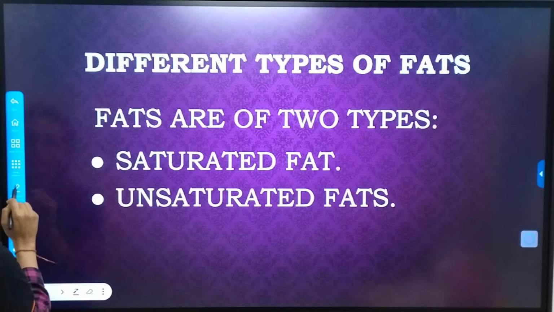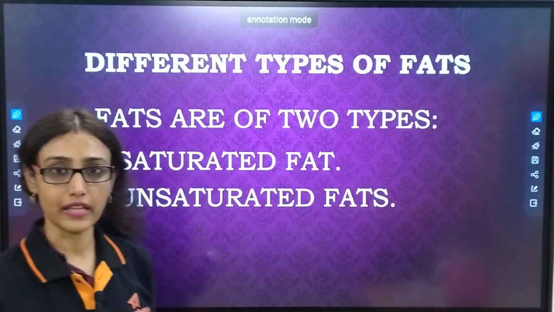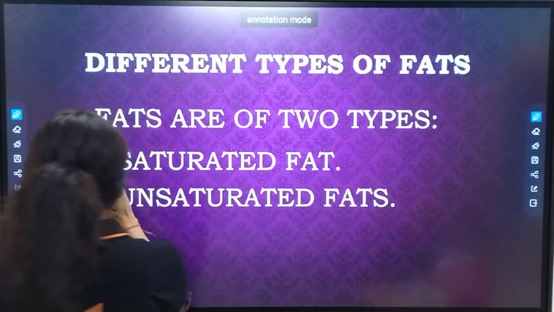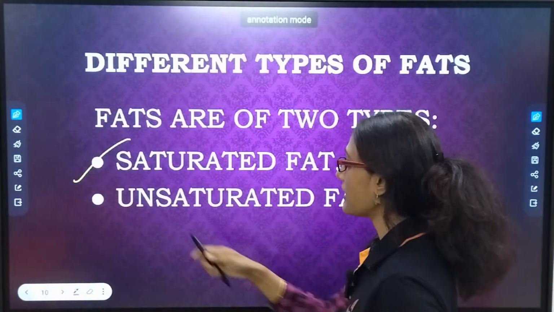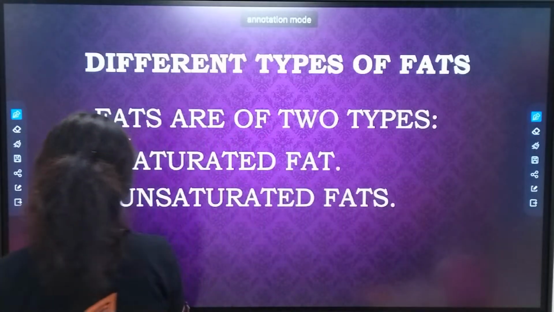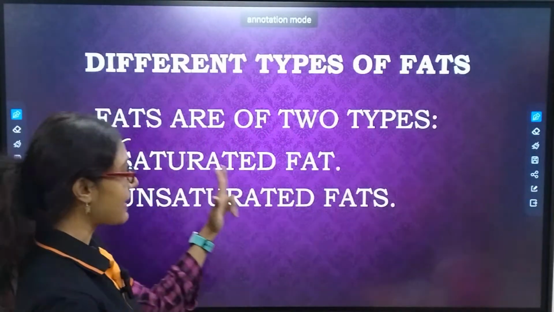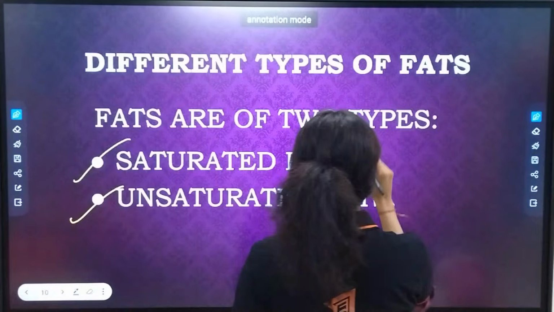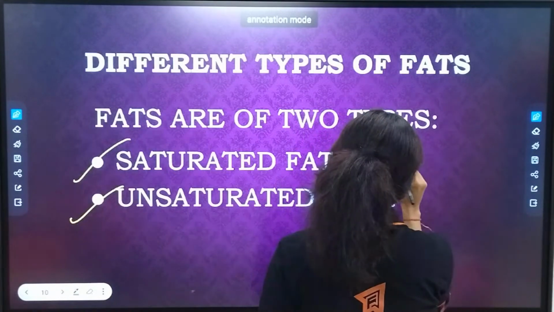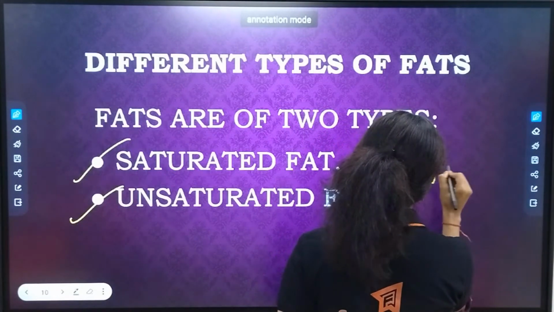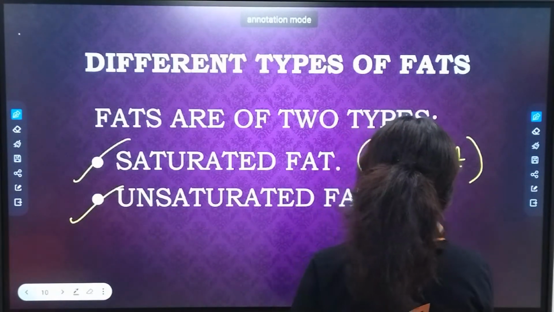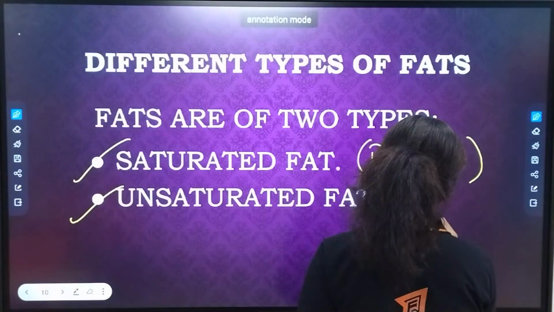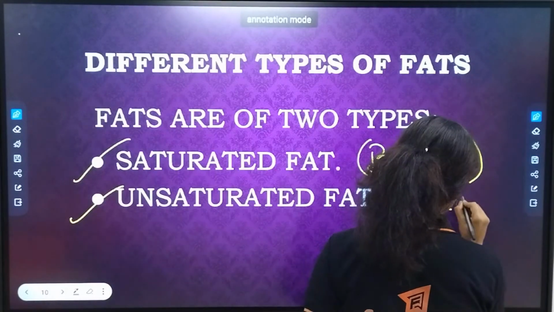Okay, now see, fats are of two types. Okay, one is being named saturated fat and another is named unsaturated fat. Saturated fat is known as bad fat. Okay, and unsaturated fats are known as good fat.